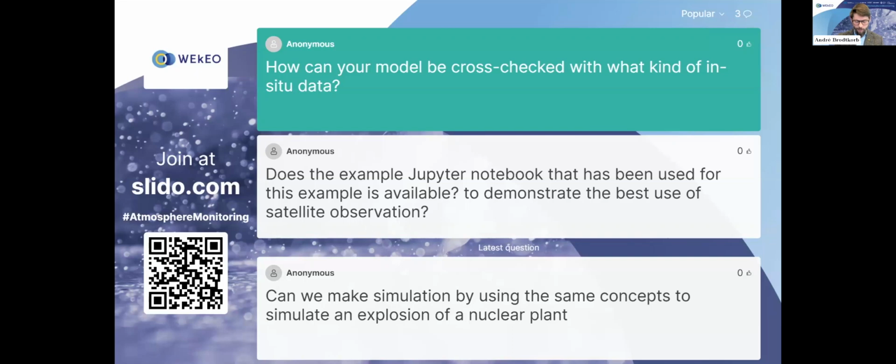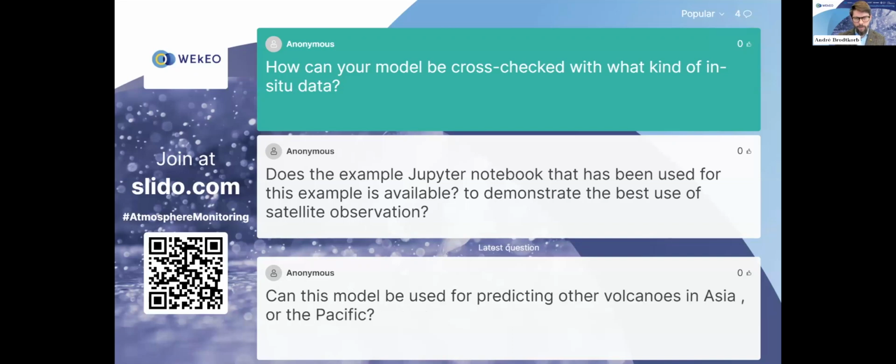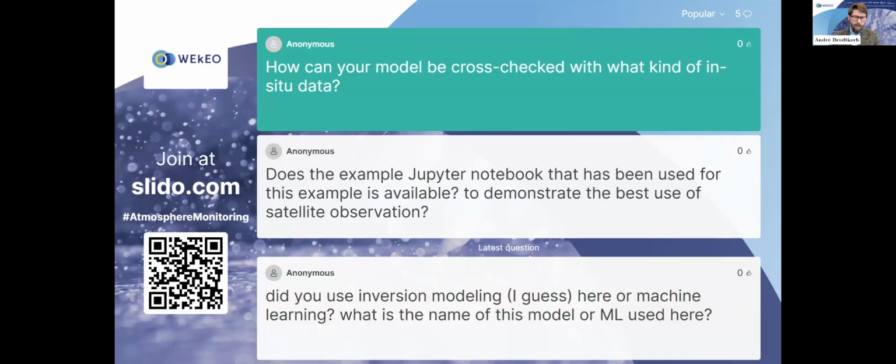Good question. How can we cross-check this with reality and make sure that we actually model something which is real and not just a fantasy? Satellite images give us some indication. It's difficult because what you get on the ground is the fallout of the volcanic eruption, so it's not necessarily the thing that you care about.